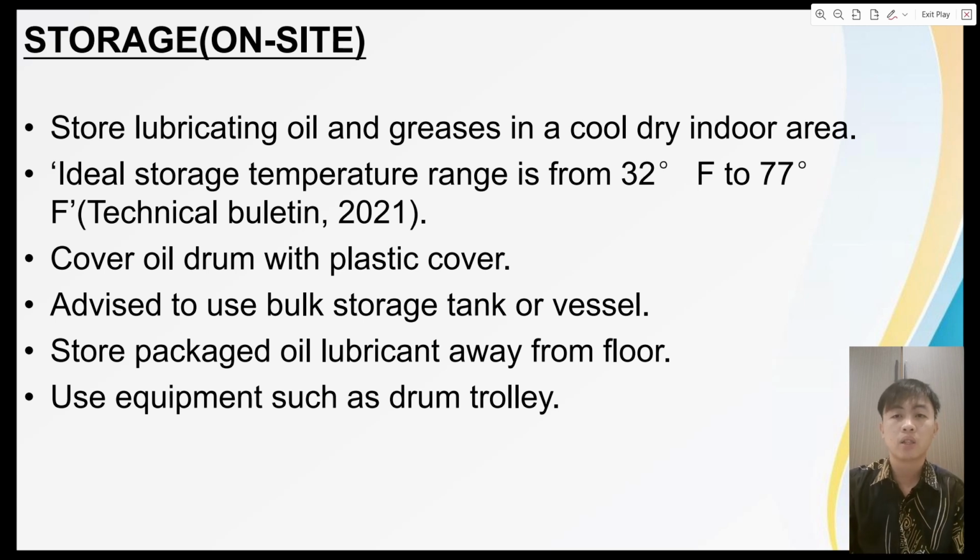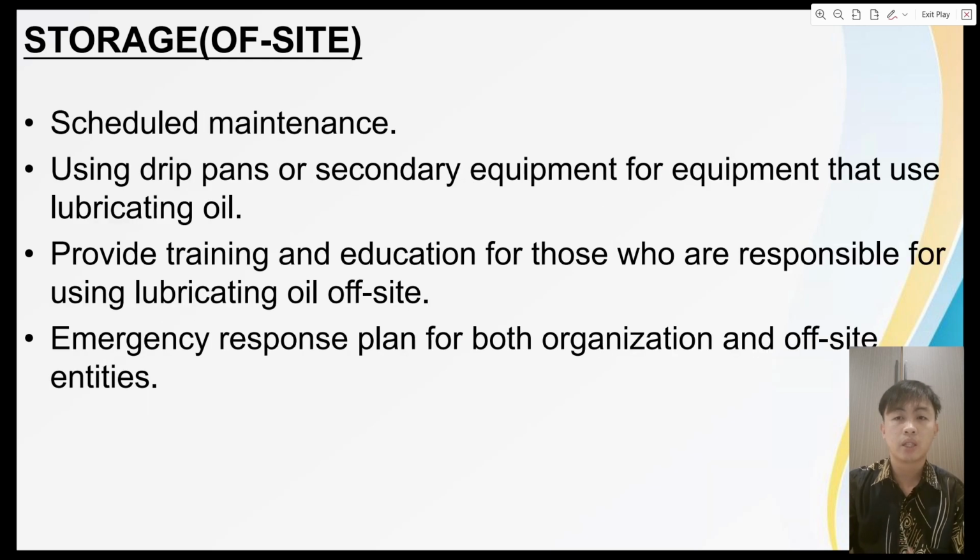Okay, for off-site, the first is scheduled maintenance. It is by ensuring all the equipment that uses lubricant oil is inspected regularly, which means around 2 or 3 times a week. Next is using drip pans or secondary equipment for the equipment that uses lubricating oil.